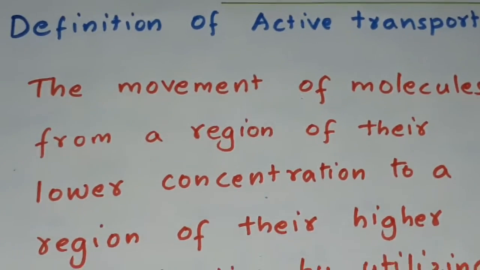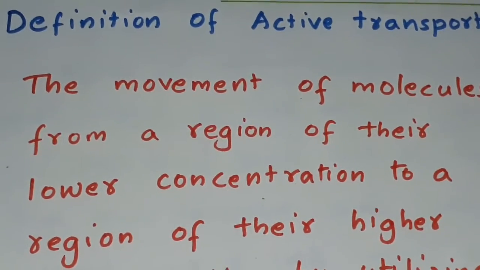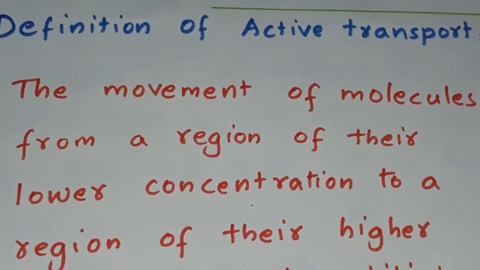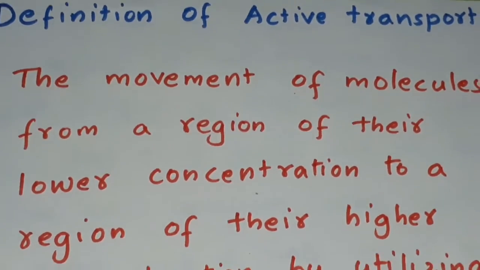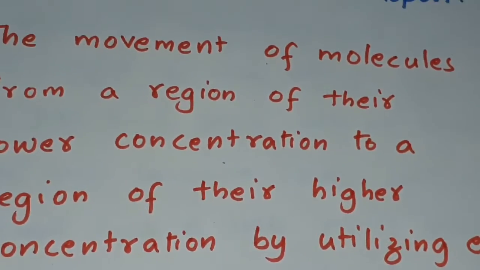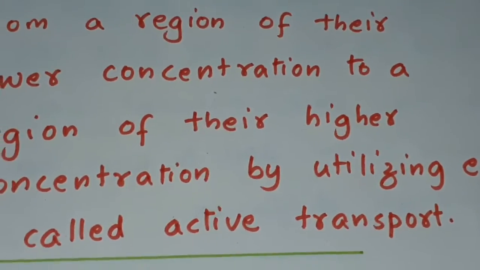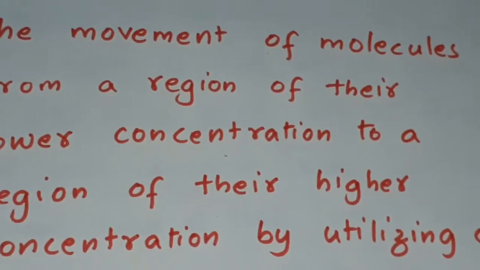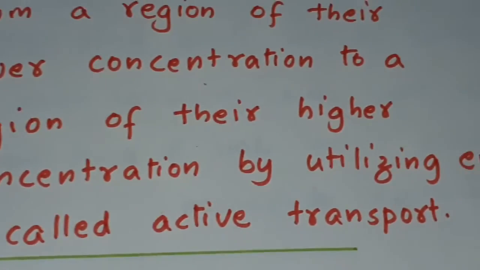Now we will see the second mechanism of the movement of molecules. That is active transport. Here we'll see the definition first. The movement of molecules from a region of their lower concentration to a region of their higher concentration by utilizing energy is called active transport. In diffusion we have seen the movement of molecules from higher concentration to lower concentration.